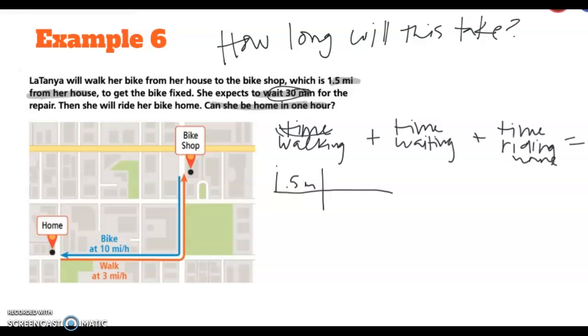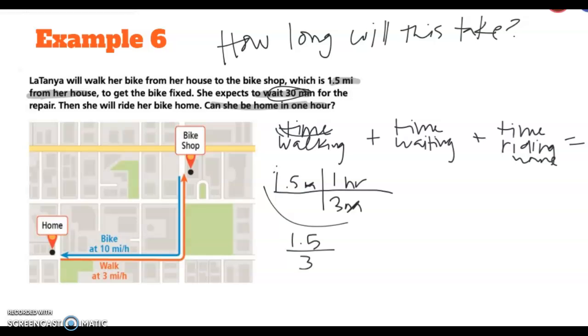So if I know that she goes 3 miles in 1 hour, then see how this is kind of on the bottom? The miles are going to cancel out, and that will tell me how much time in hours she spent walking. So her total time walking is 1.5 divided by 3, and that will give me her time walking.